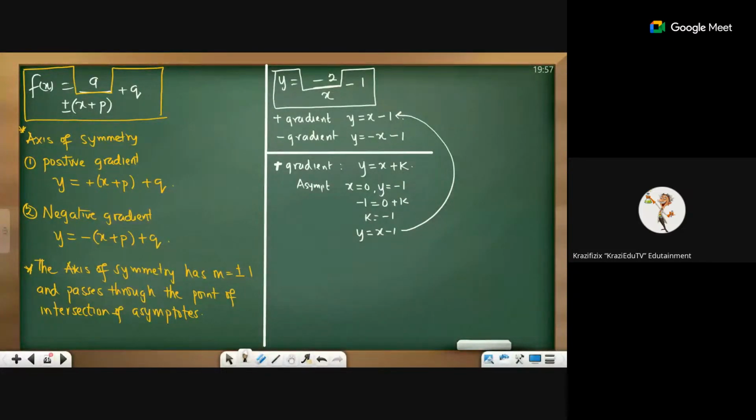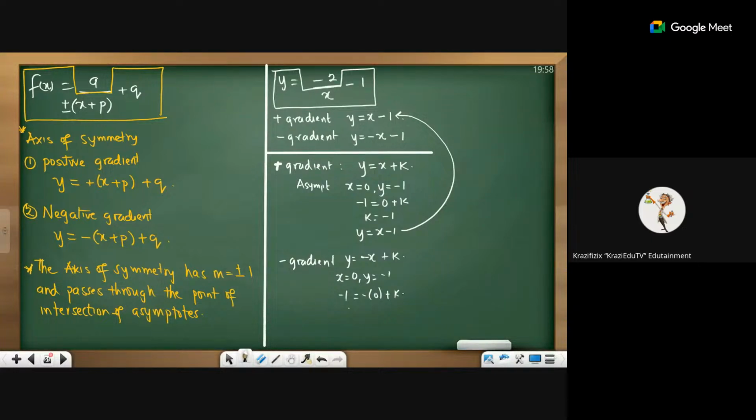If that makes sense. I'm just substituting my what? Asymptotes. The one with a negative gradient. Y equals to what? -x plus what? K. Again, what's my asymptote? X equals to what? 0. Can we substitute what we have? -1 equals -0 plus k.